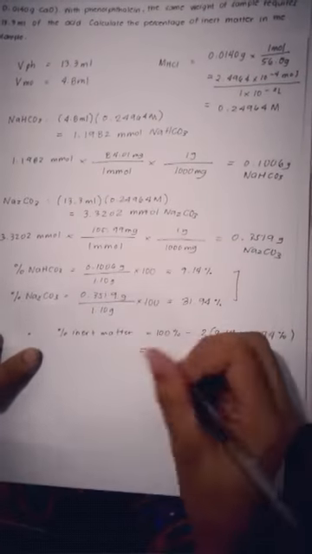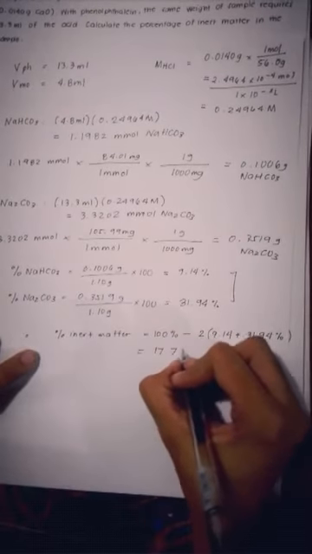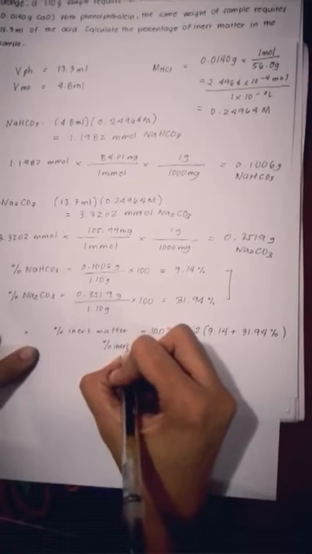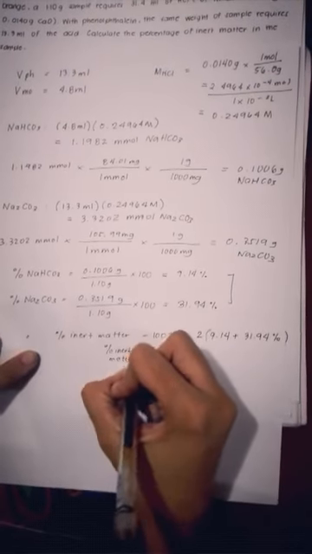Solving this equation, we will get 17.74%. And that is the percent inert matter in our sample of 1.10 grams.